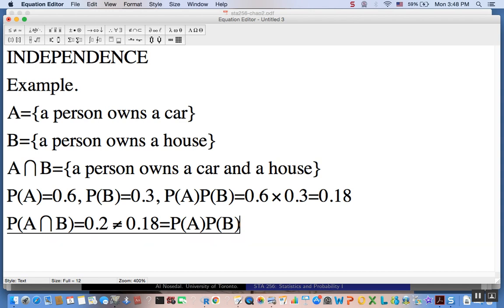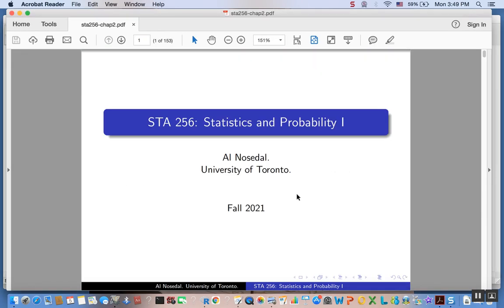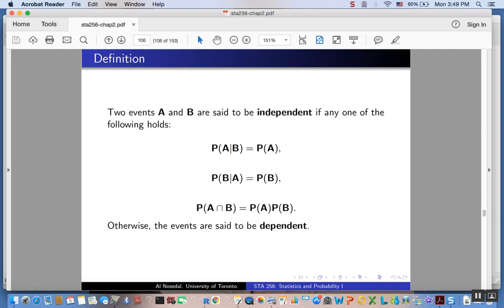So in this case, given the information that we had, it was a good idea to use this expression, checking the third condition, that the probability of the intersection was different from the probability of A times the probability of B. In other problems, perhaps using either the first or the second condition to check independence might be a better idea.